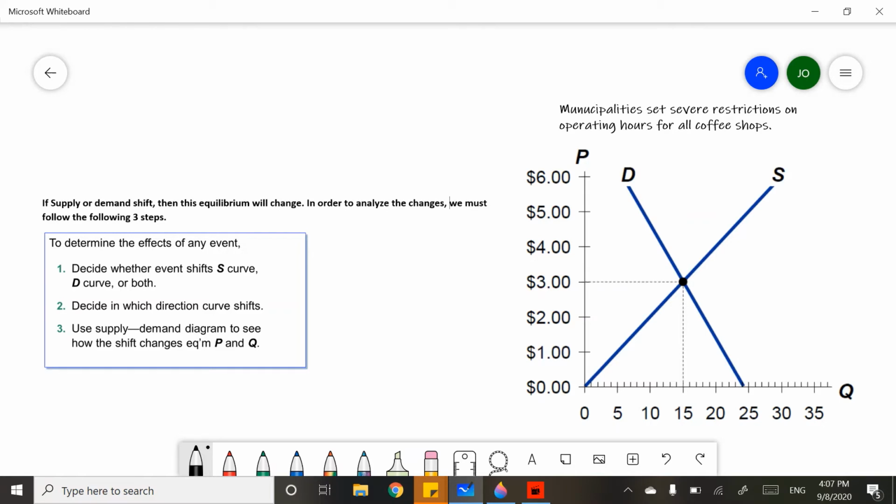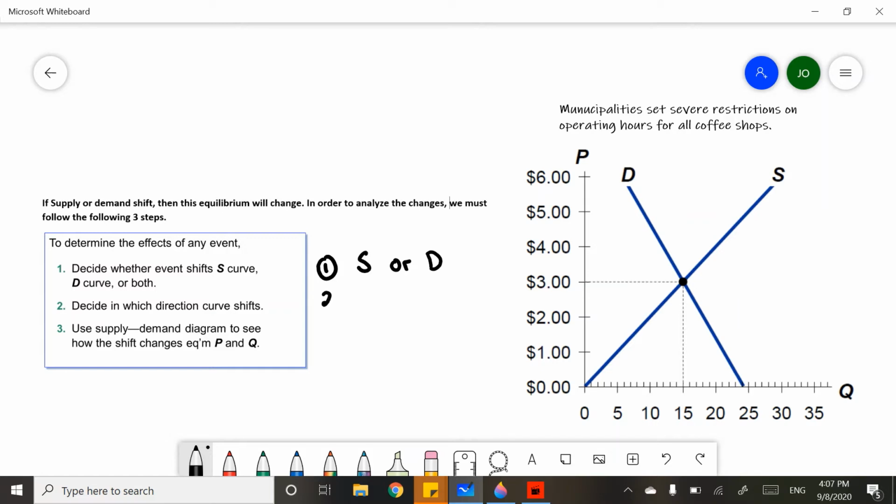So, we have 3 basic steps to analyze a market. Number 1 says, decide whether the effect shifts supply or demand. To put it plainly, step 1, you will have to decide if this is a supply issue or a demand issue. Step number 2, decide in which direction the curve shifts.